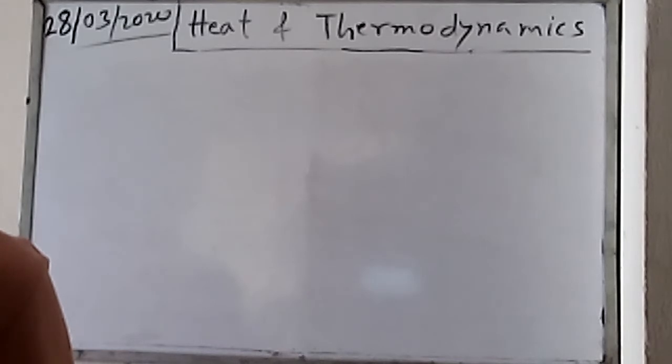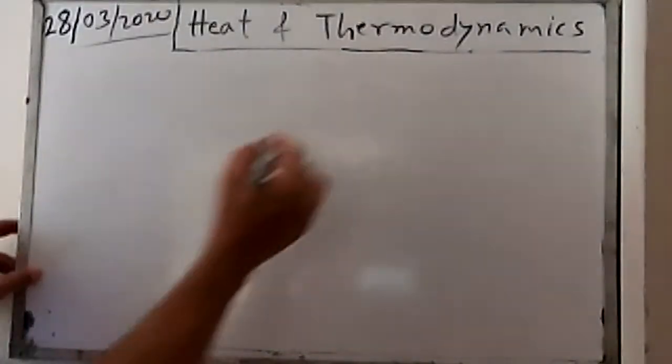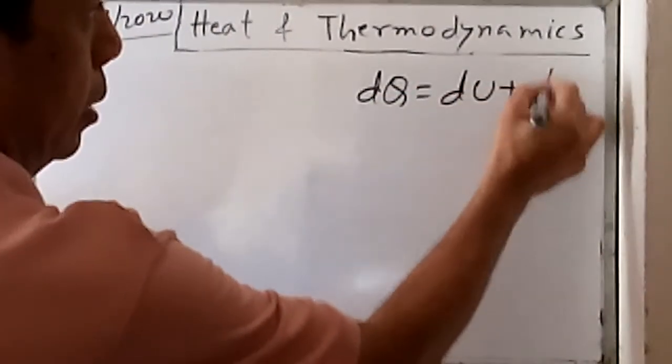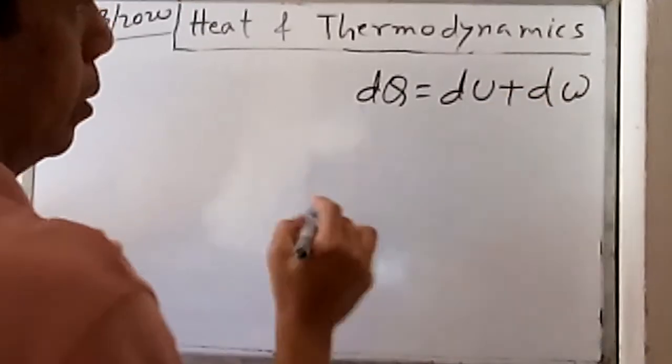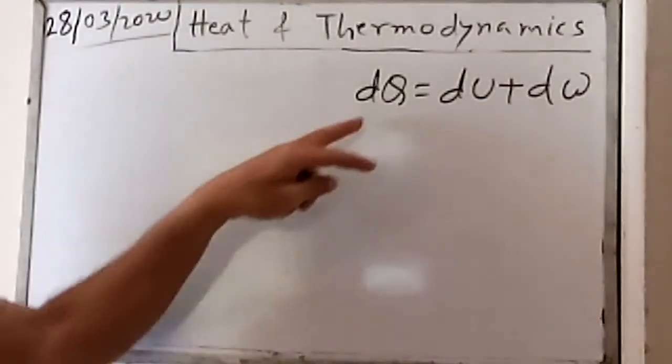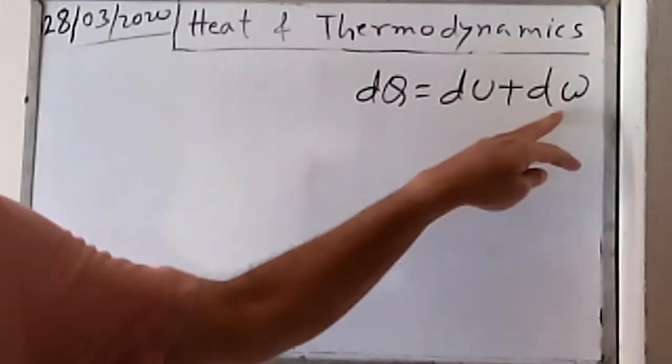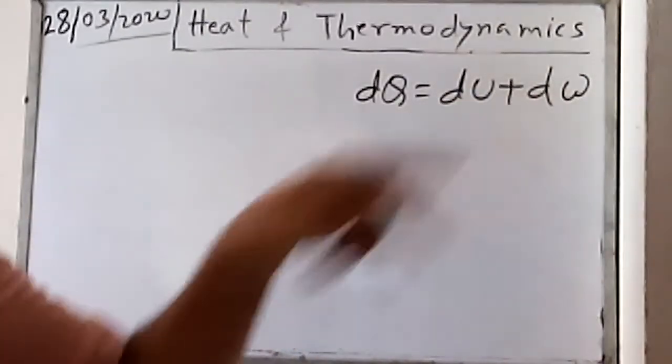The first law of thermodynamics: we know dq equals du plus dw, change in heat energy equals change in internal energy plus work done.